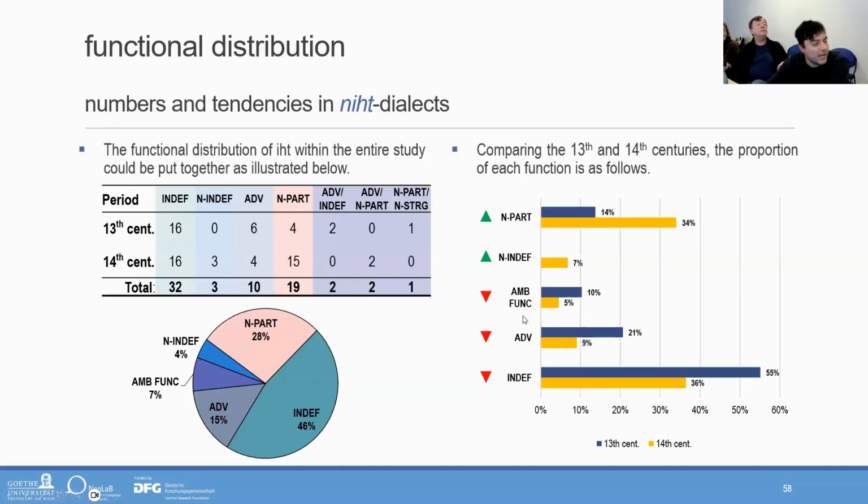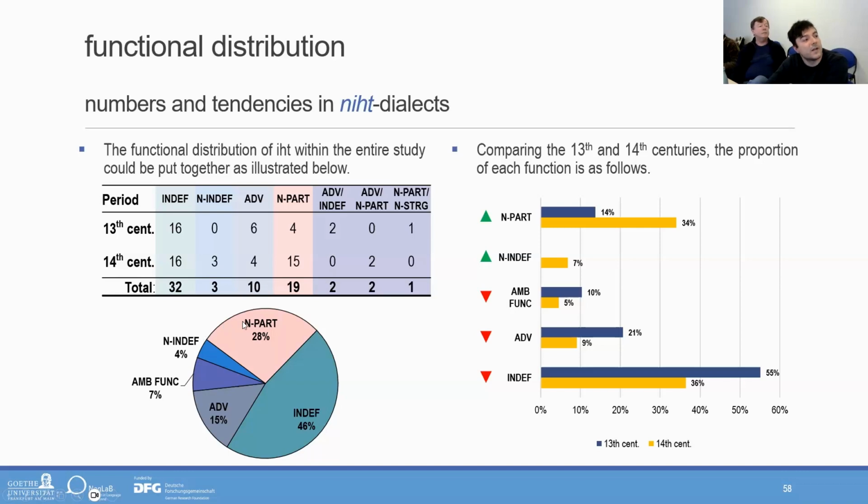And again, if you look at the whole data, we will see that a lot of functions are those as an indefinite pronoun, but also many as a negation particle, sentential negation. And again, a lot of them as an adverb and ambiguous functions that we have, but also some as a negative indefinite, as you've seen.